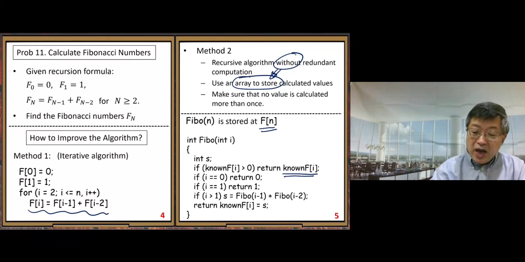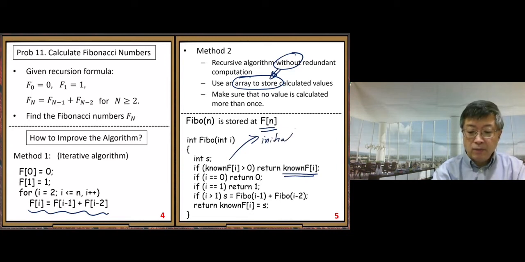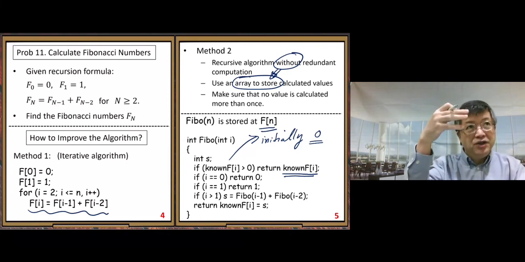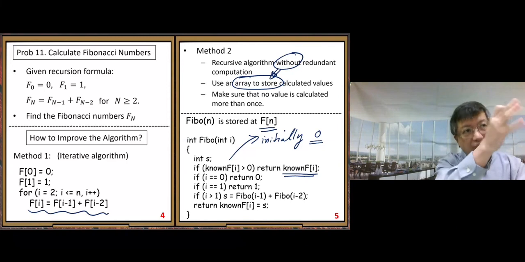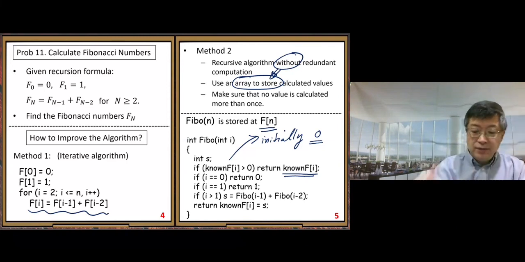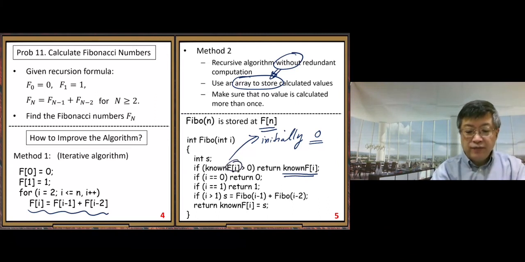So you initialize the known array, initially all elements 0. Then, during the calculation, whenever you find one Fibonacci number value, you change the value in that element, so it will be greater than 0.